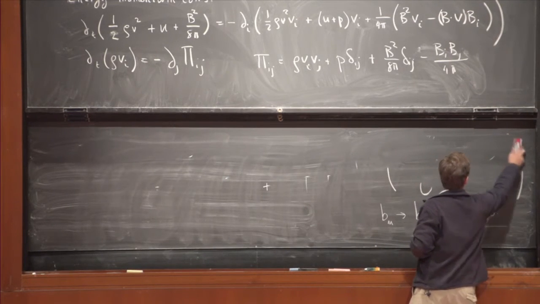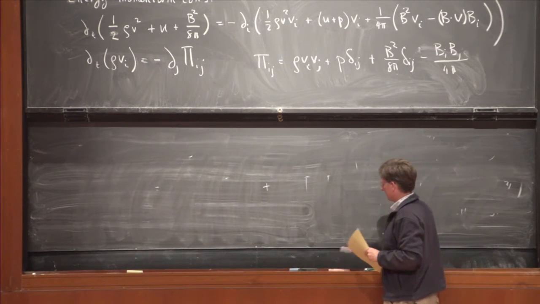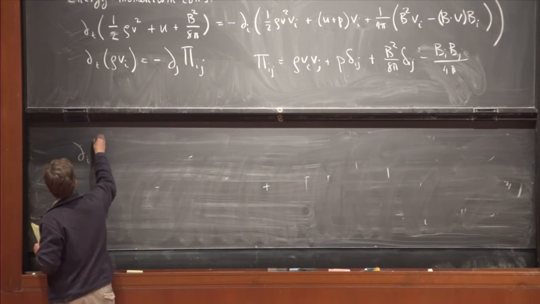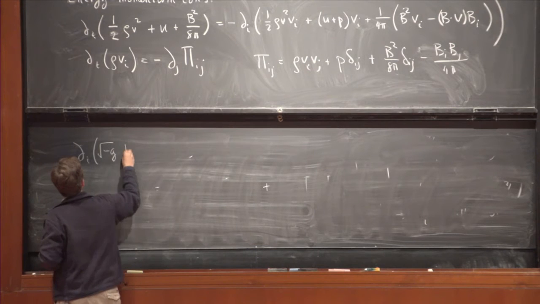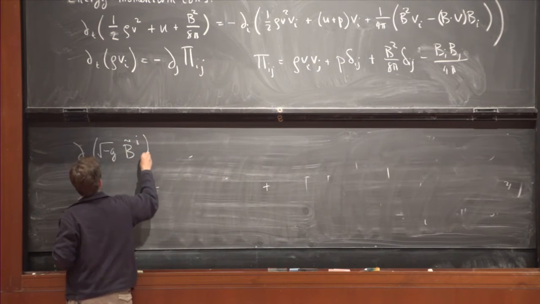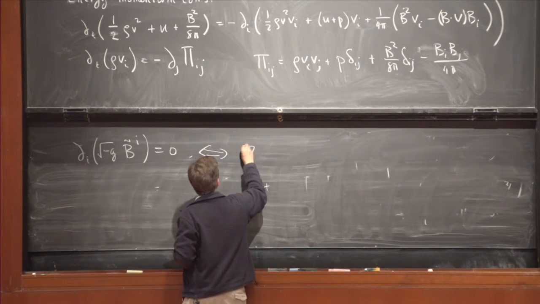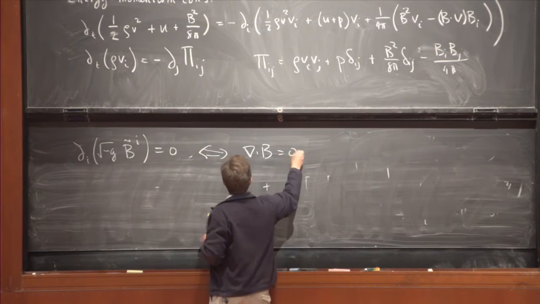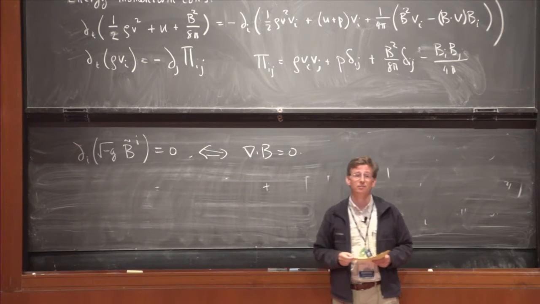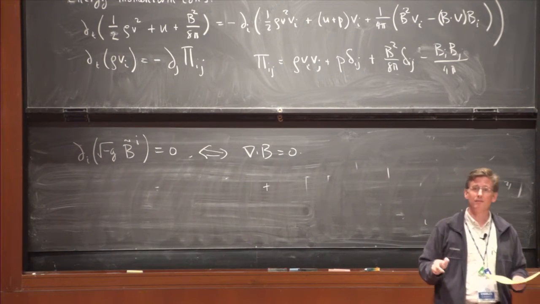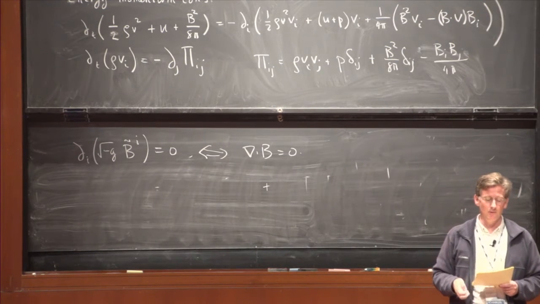So the fourth component looks like this. And that's the relativistic manifestation of the no monopoles constraint. Okay, so that finishes the discussion of the basic equations.